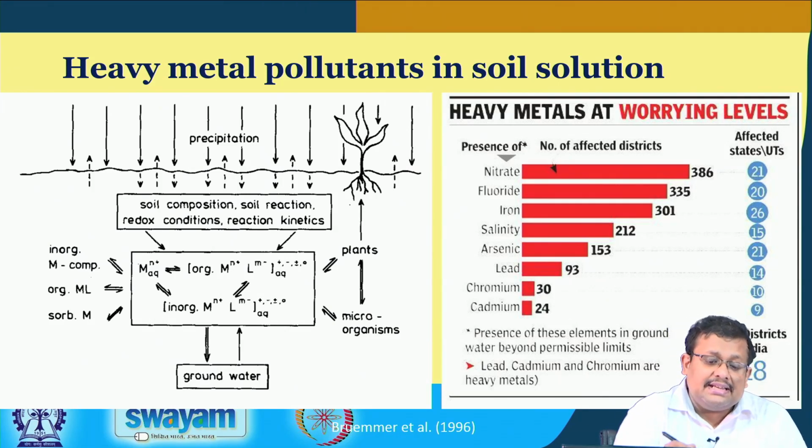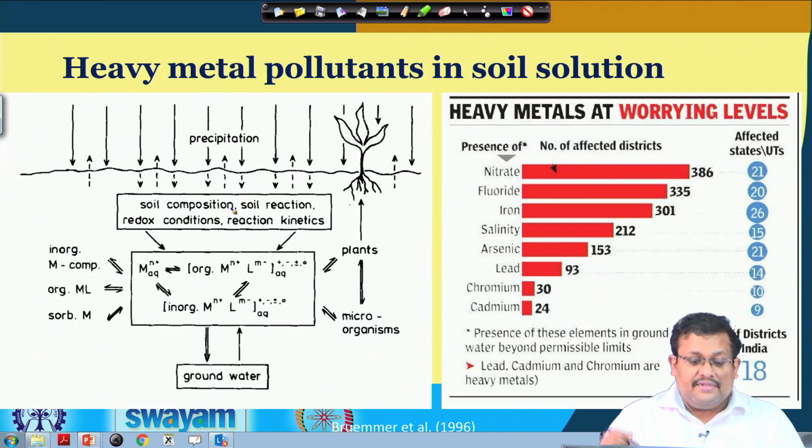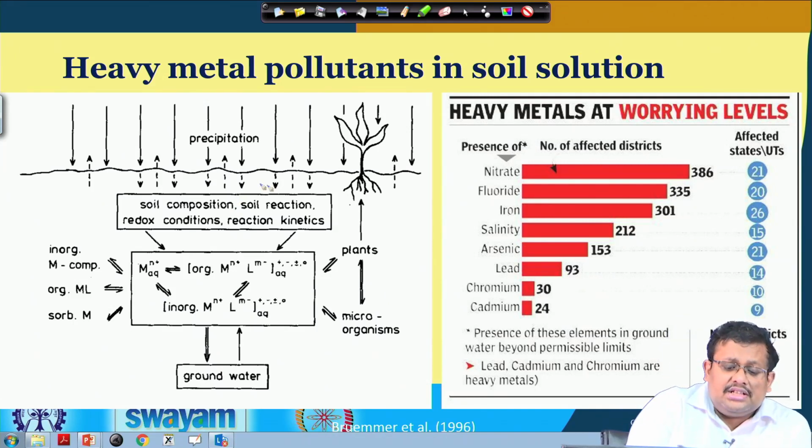If we consider there is precipitation on the soil surface, this water basically moves from the soil surface through the process of infiltration, and the soil composition, soil reaction, redox condition and reaction kinetics, all of these can impact the conversion of the metal cations in the aqueous form, and they can interact with different organic matter and inorganic fractions.